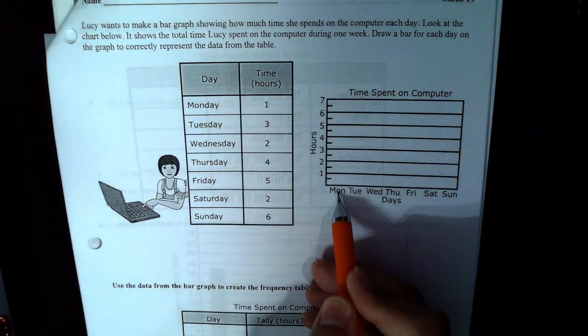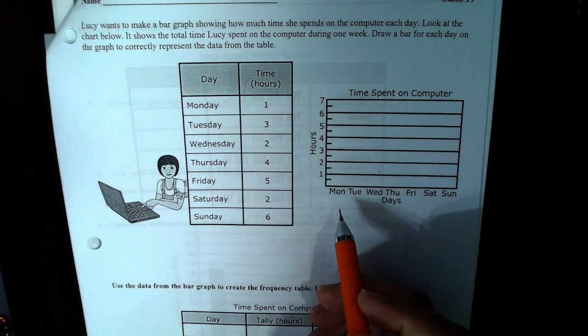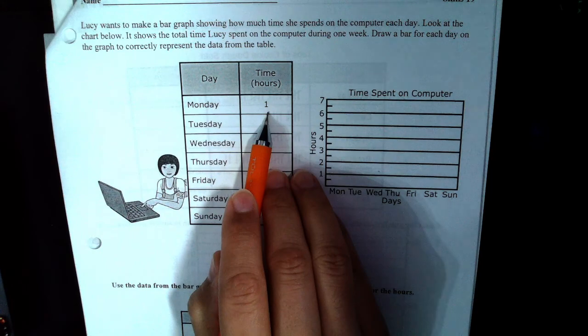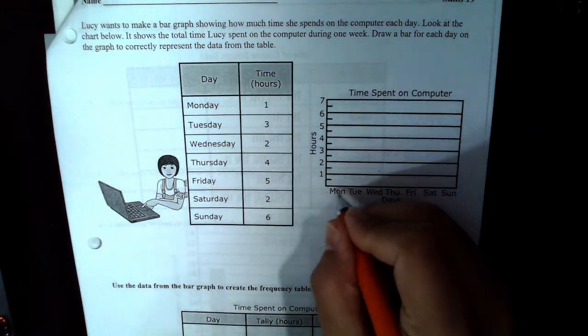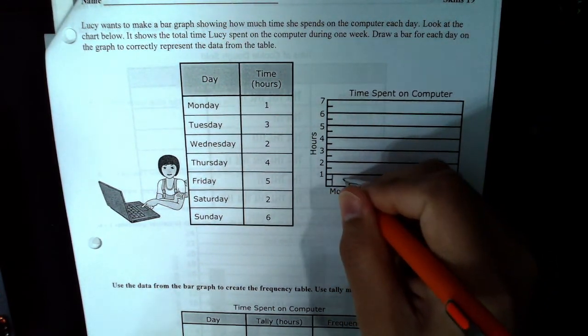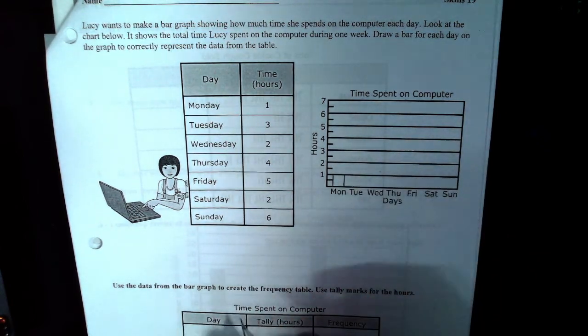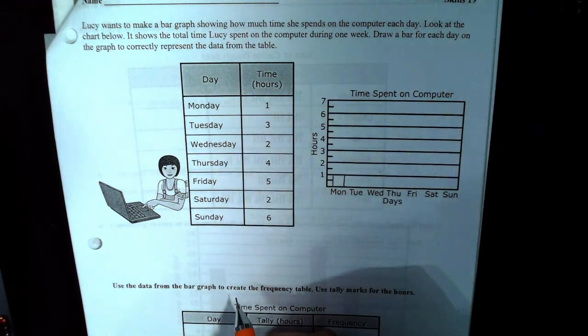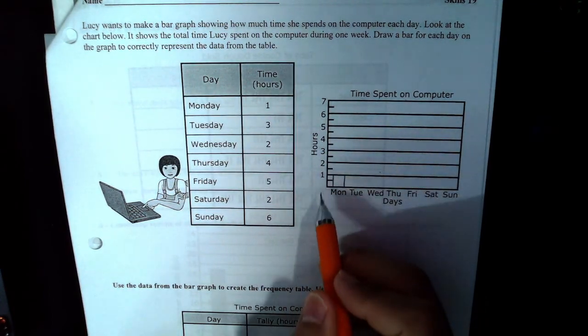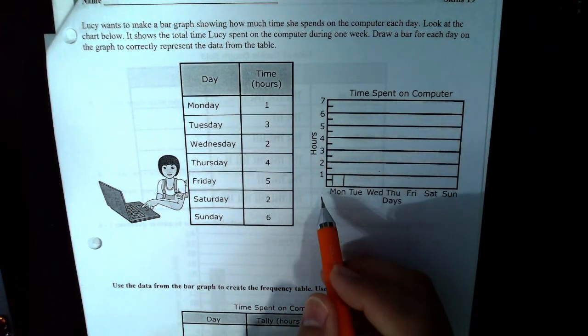Since they start with Monday, I'm going to start with Monday. Monday, she spends 1 hour on the computer. So right on top of Monday, I'm going to start drawing a rectangle. If I look here on the left side, they tell me this side is measuring the hours.